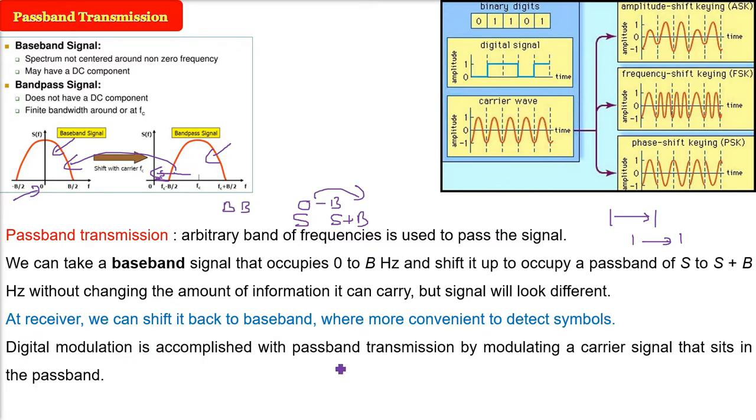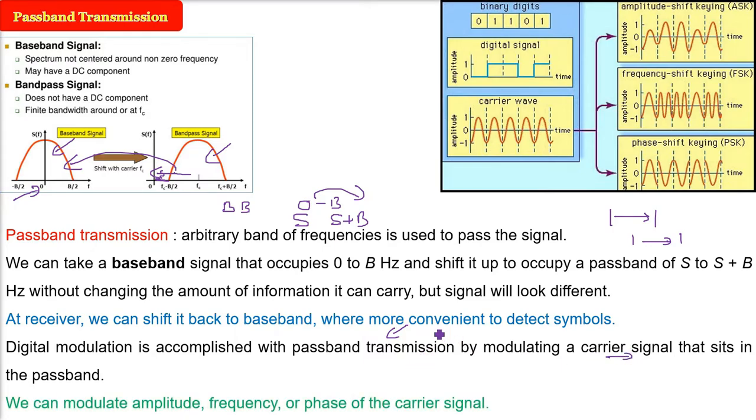So the modulation is all about bits to analog signals and then back. So we can modulate or change the carrier signal that sits in this passband. This is how passband transmission, digital modulation is done.